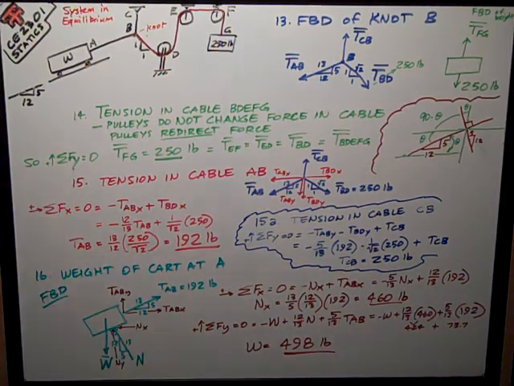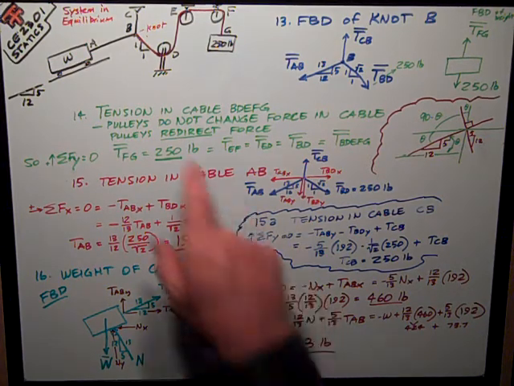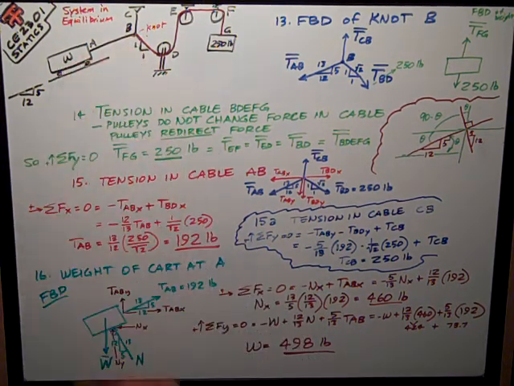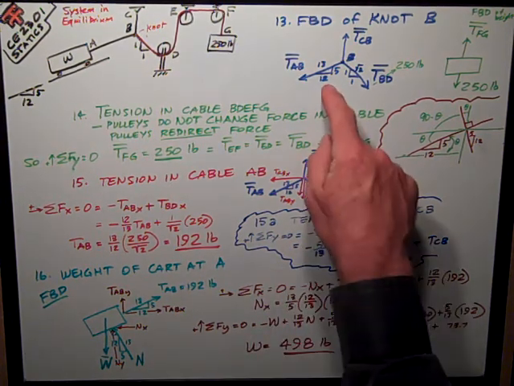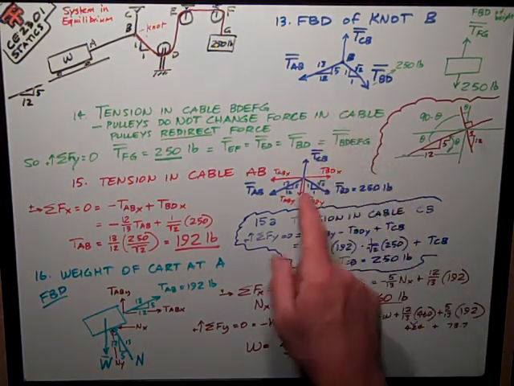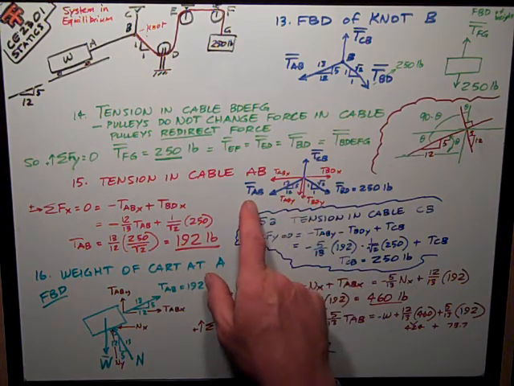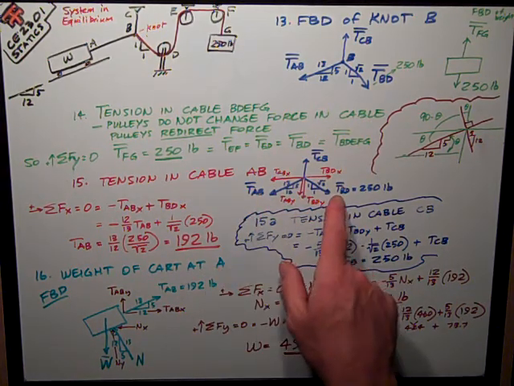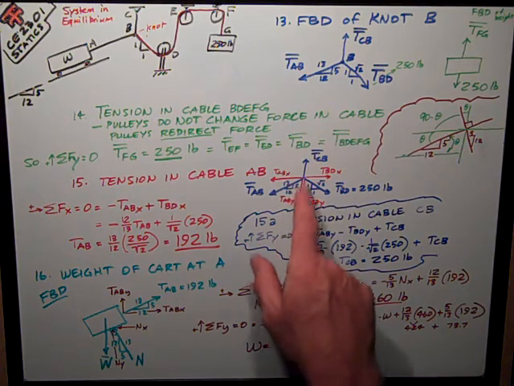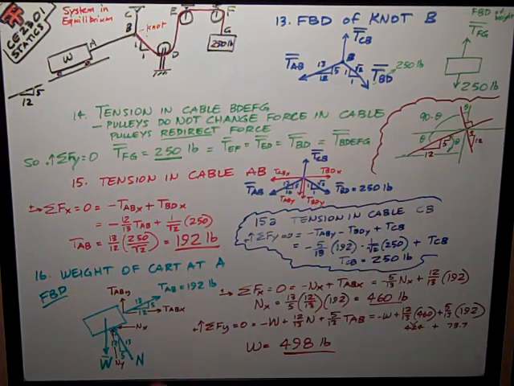Number 15 was find the tension in cable AB, the part that's attached to the weight on wheels. Here I've redrawn the free body diagram, and I've broken the forces in TAB and TBD into their X and Y components. It helps me visualize what I'm dealing with.